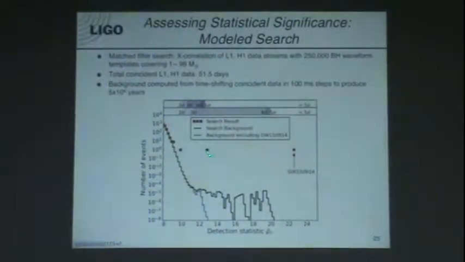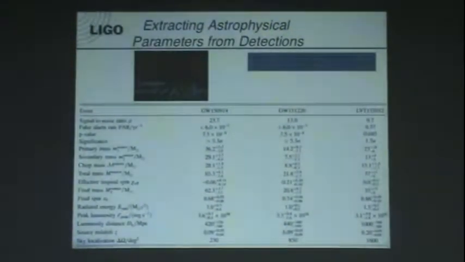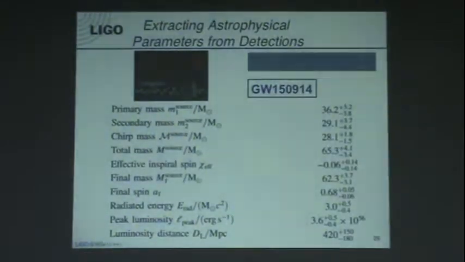And again, compare that event to that background, it's above 5 sigma here. And then this third event is about 2 sigma, maybe a little bit less. So that's why we didn't call it a detection, right? Let's do the big one.